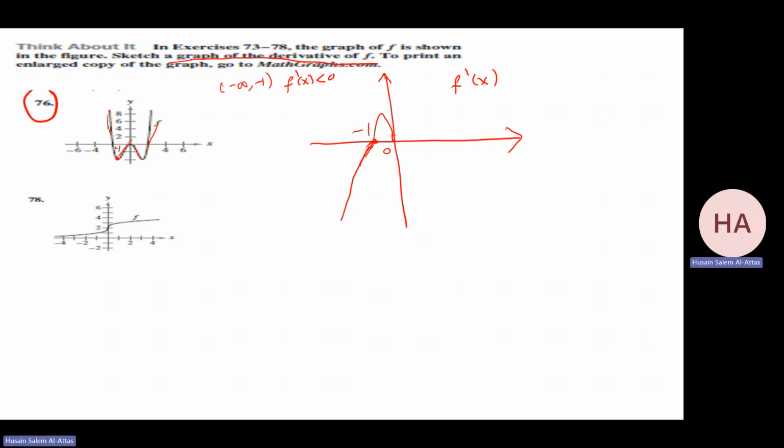Talking about the slope, it will do something like this. From -1 to 0, f prime is positive. From 0 to 1, f prime is negative. From 1 to infinity, f prime is positive. That will be a sketch.